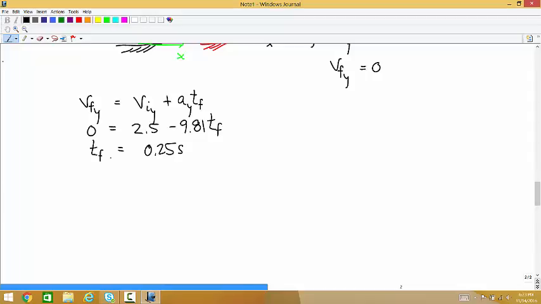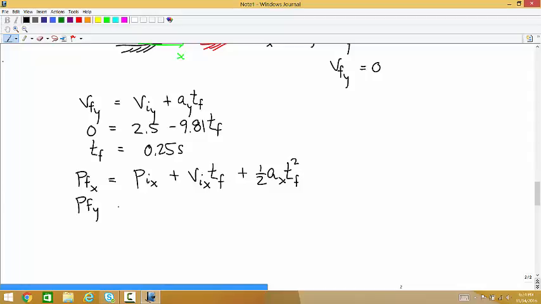And then you can plug that into these two equations. PFX is equal to PIX plus VIX TF plus 1/2 AX TF squared.